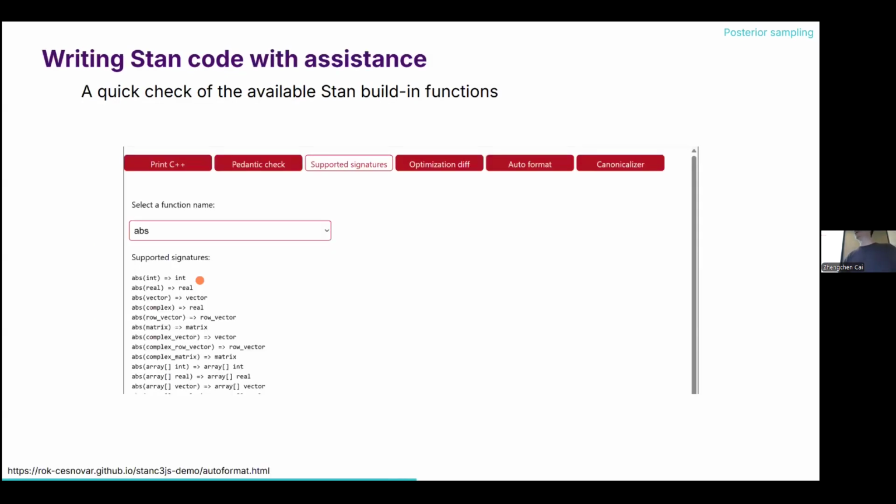But luckily, we have this tool from the Stan team. It's a website. You can check what the available functions are here, right? It's a list of all the functions. Sometimes you don't have the function you want. For instance, when I want to do a convolution, they don't have this function, so I have to write my own function. Or FFT, it was not available, but recently it became available.